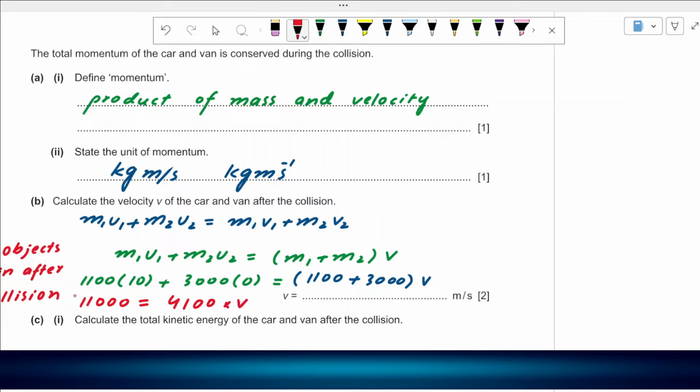Now 4100 would be shifted to the other side. 11000 divided by 4100 equals v, and we can find the value of v from here.